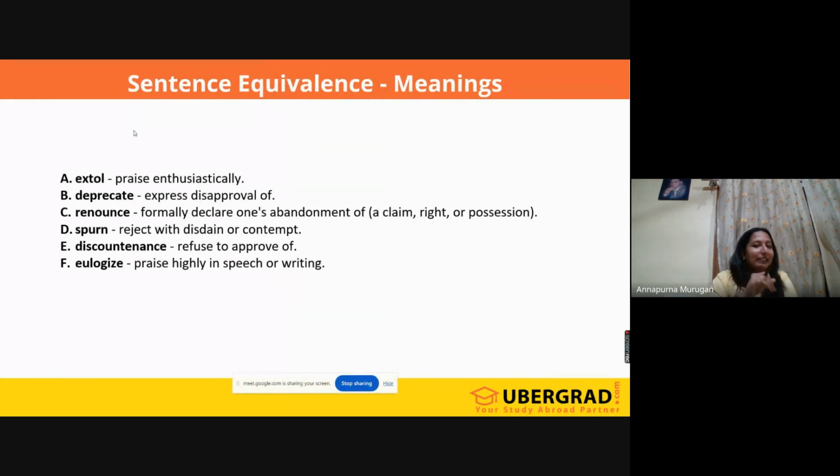What is that? Renounce. Renounce is what? Hey, we don't want these facilities, isn't it? Renouncing, abandonment. Okay. One is that, and the other one is spurn, rejecting. Basically, disregarding is rejecting. You don't want that. Therefore, you can take renounce and spurn as the answer here. Got it, guys? So renounce or spurn. How come our guesses are going correct?